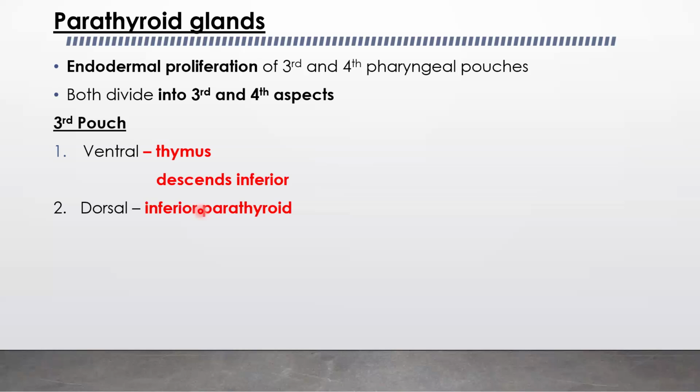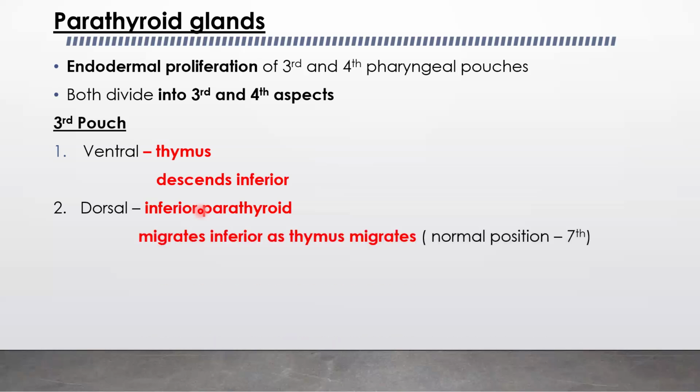So the ventral aspect of the third pouch gives us the thymus, and the dorsal aspect gives us the parathyroid gland, and then the thymus migrates downwards towards the mediastinum. Now the inferior parathyroid gland migrates inferiorly as the thymus migrates, and the normal position is arrived at around the 7th week of development.